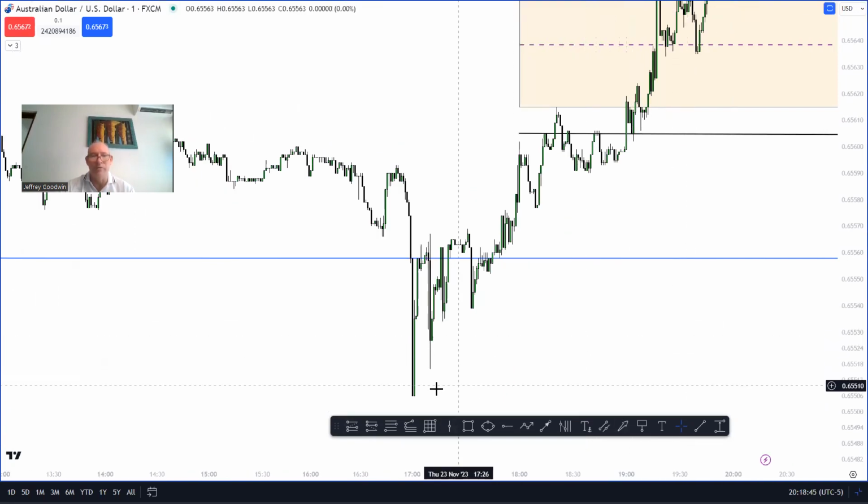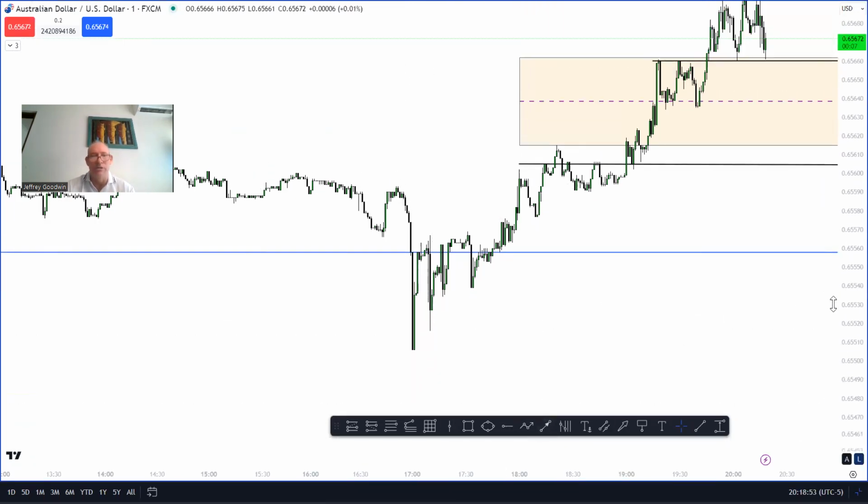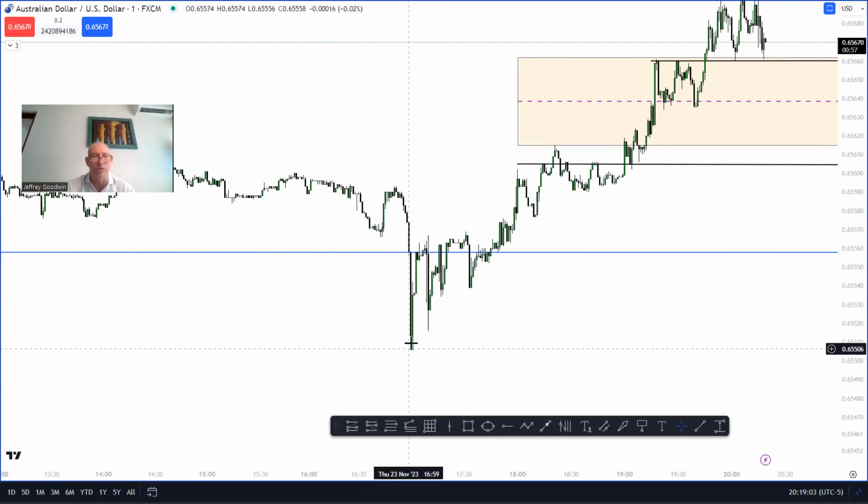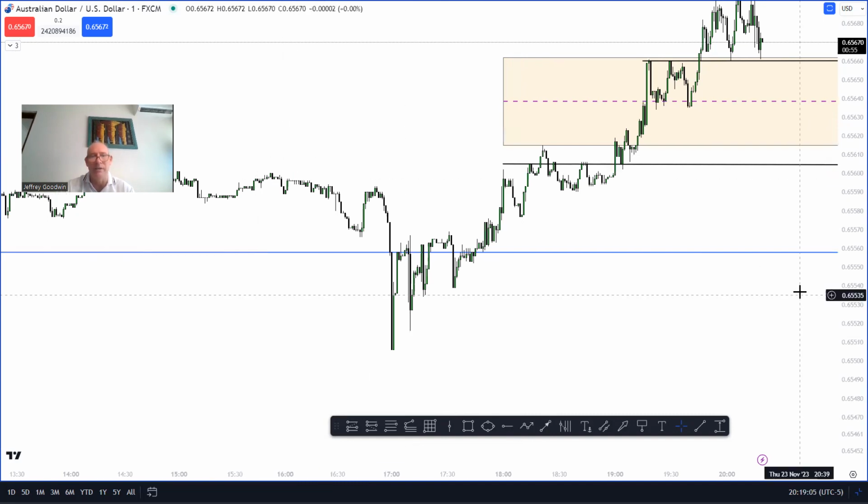Remember that the job of every low is to create a new high. The job of every high is to create a new low. So if it fails to create a new low, this is a weak high. Yep, this is a strong high because it created a new low. This is a strong low because it created a new high.